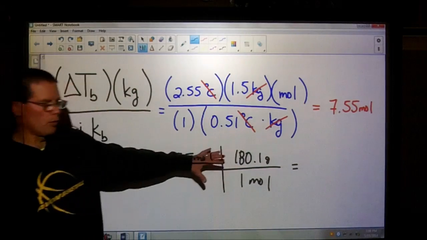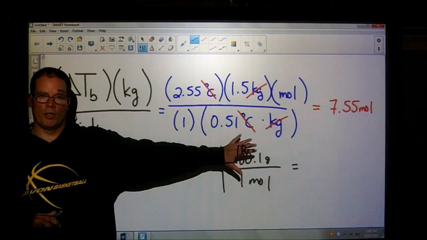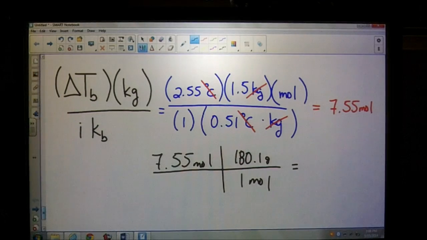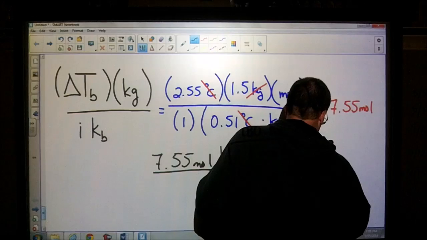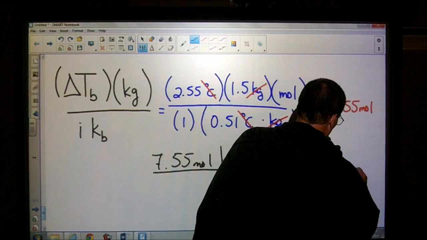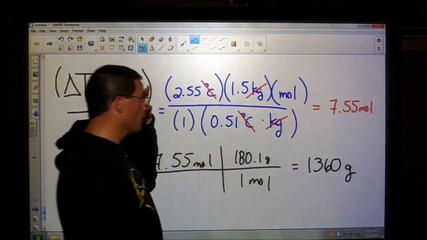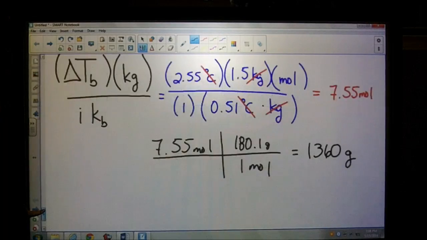And again, that's the 6 carbons, 12 hydrogens, 6 oxygens. So that's very close. We'll leave it at that. So that times 180.1 is around 1,359.76. So we'll say that that's 1,360 grams.